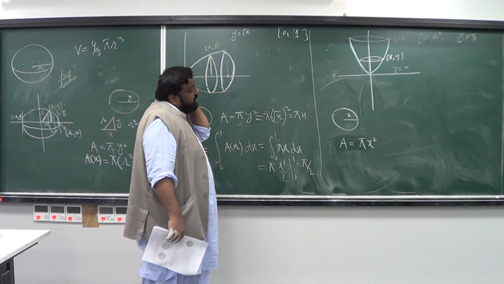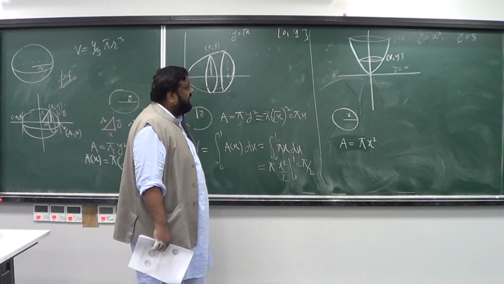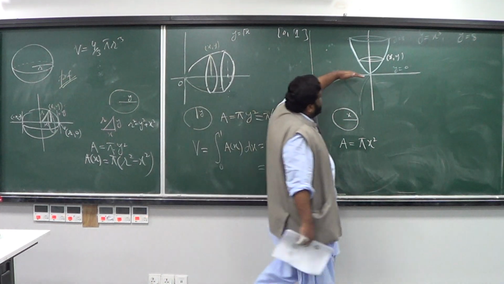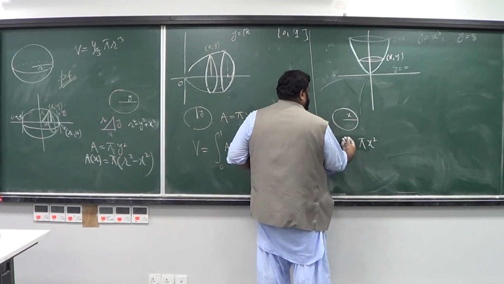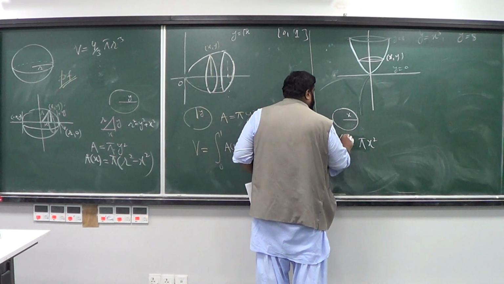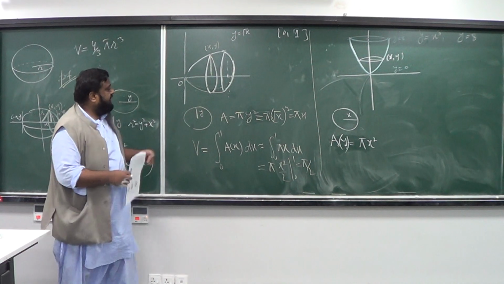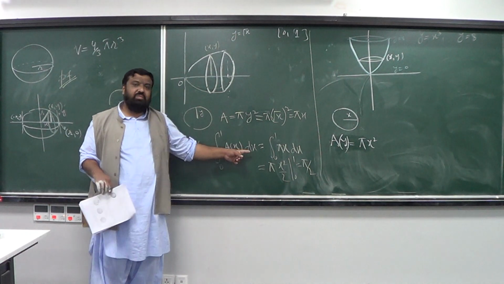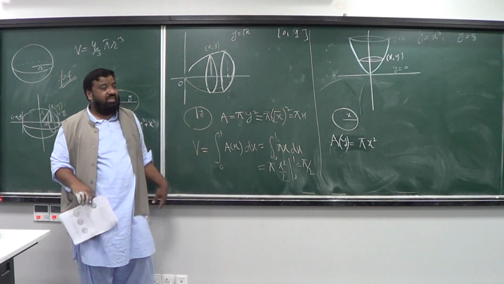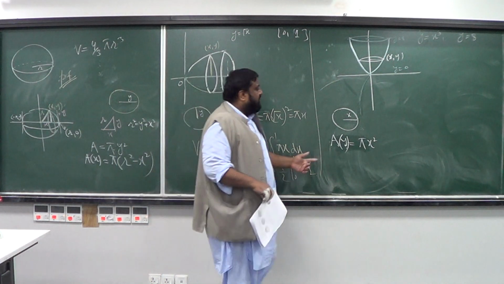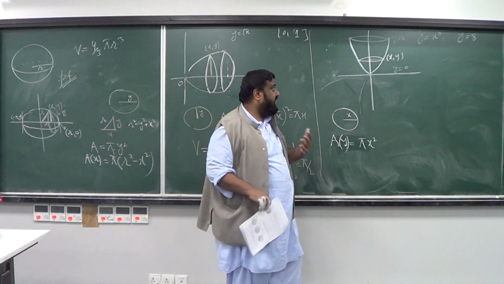But I need to convert this, since this is a curve between y equal to 0 to y equal to 8, so I need to make this area dependent on y. In other words, my formula is not going to be depending on x, but it's going to be depending on y. And it starts from 0 to 8 actually. So can I express this x square in terms of y? The answer is yes.